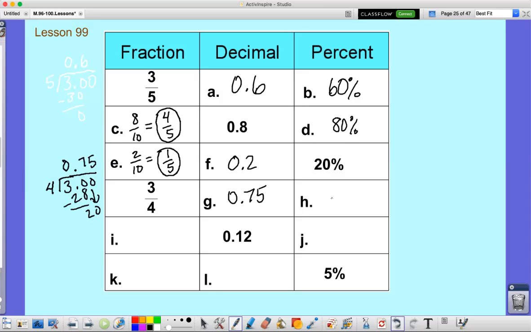And then if you know what the decimal is, it's pretty easy to know what percent. What is it? 75%. Good.